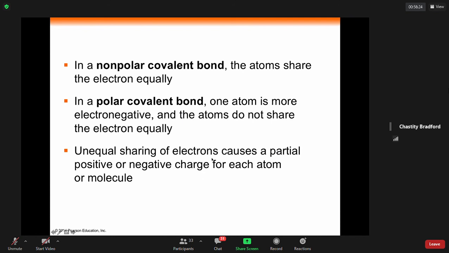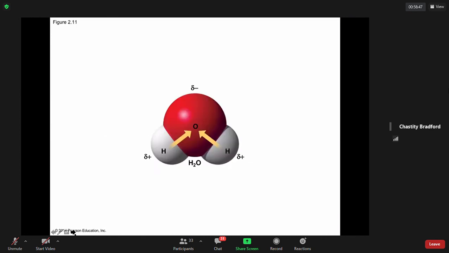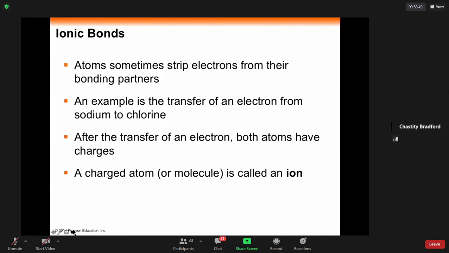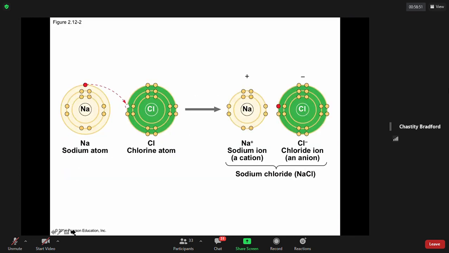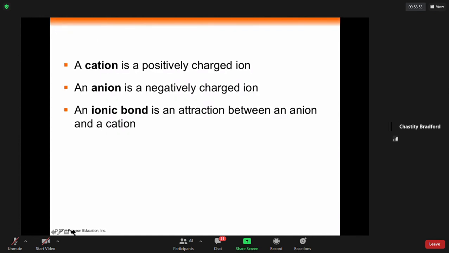All right, we have 3 minutes. So what I want you to do before we meet on Thursday is review all of the bonds. We talked about covalent bonds, but then there are 2 different types of covalent bonds. So I want you to review covalent bonds, ionic bonds, and I'm going to describe these things to you next time we meet.